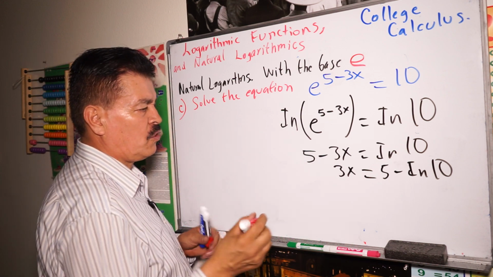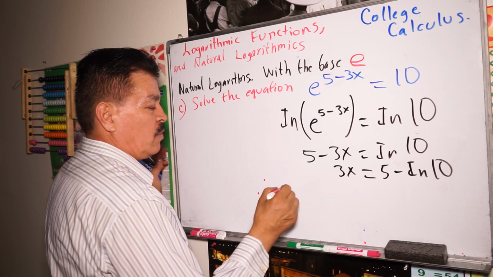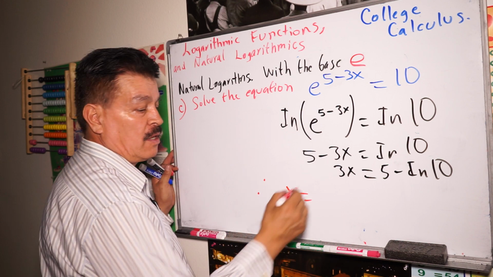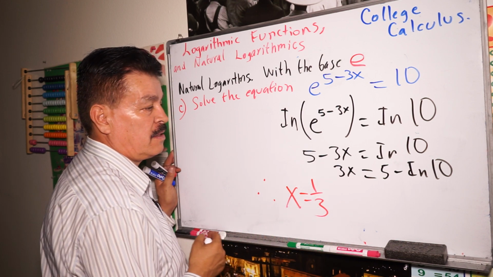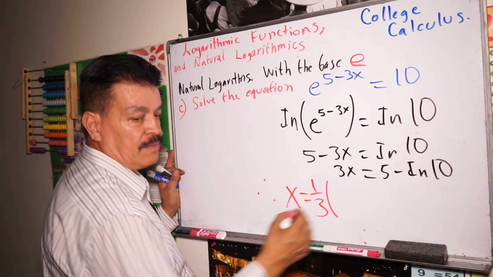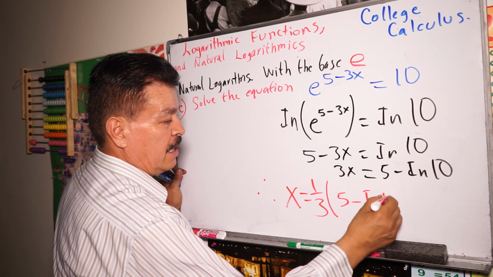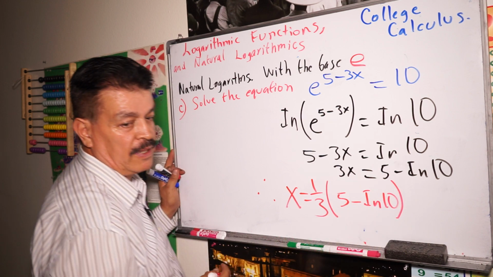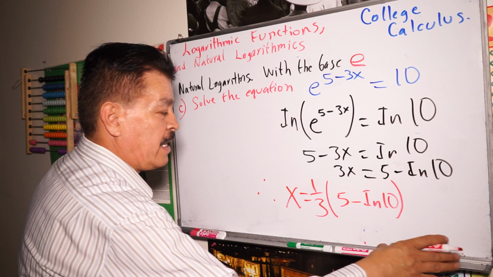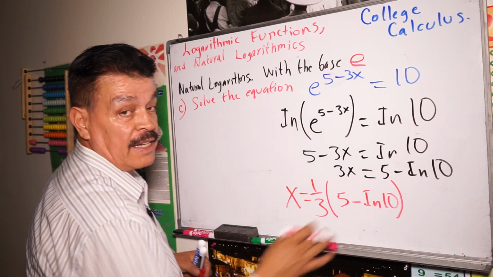The conclusion should be: therefore we are going to have x equals 1/3 times (5 minus ln 10). We have to use the calculator to find the right answer, because it is allowed to use a scientific calculator.